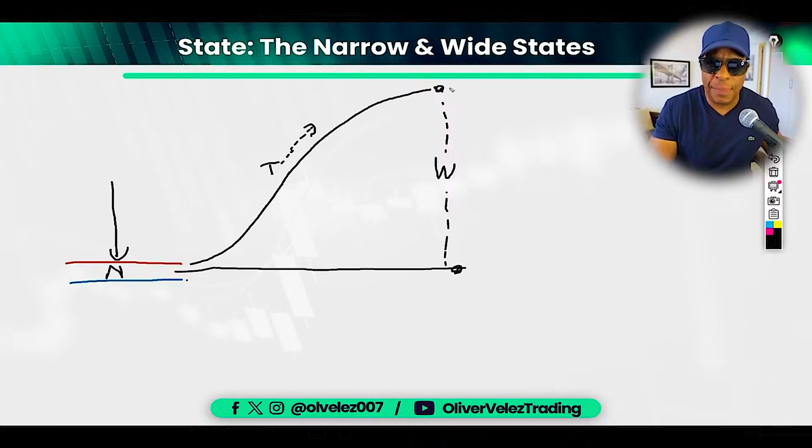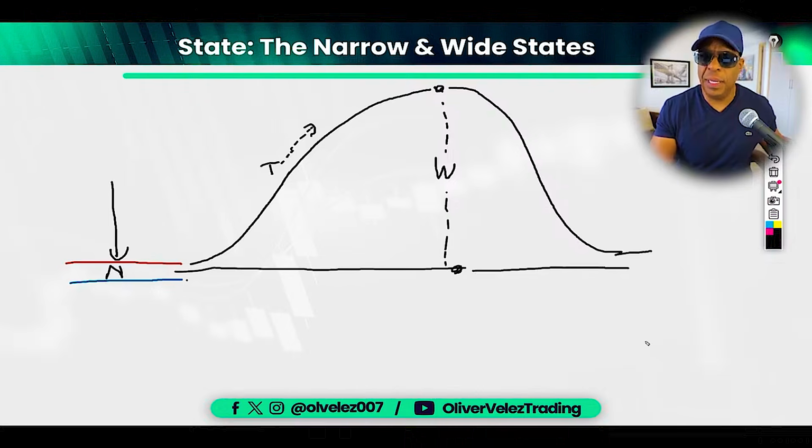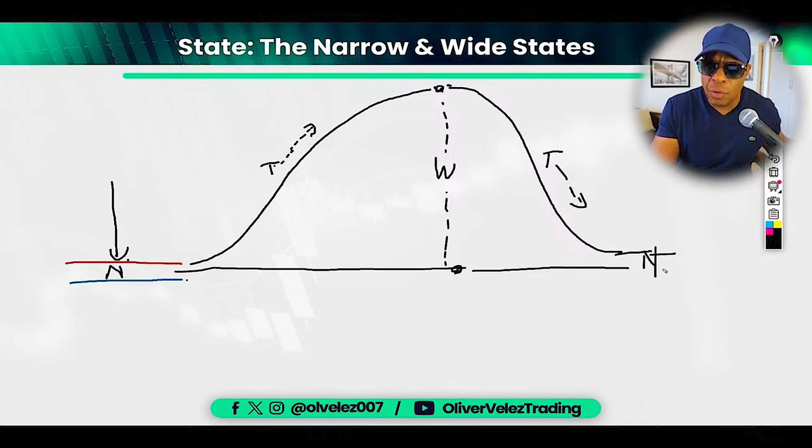And guess what happens? Eventually, we go back and repeat. This is all the market ever does. Narrow, trend, wide, wide, trend, narrow, repeat. Narrow, trend up, wide, wide, trend down, narrow, repeat.